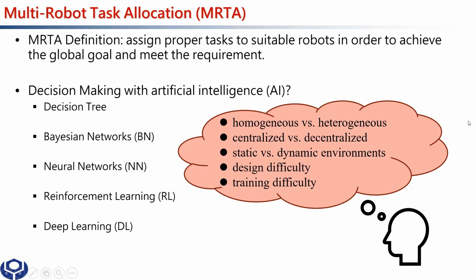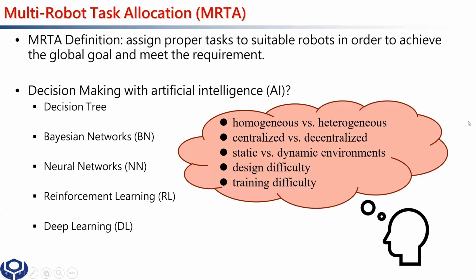The reason is that usually we want to design a decentralized system instead of a centralized system. And robots may have different skills, like crawling skills or gripping skills for the soft robots. They may have different skills if we put all robots together as a group.